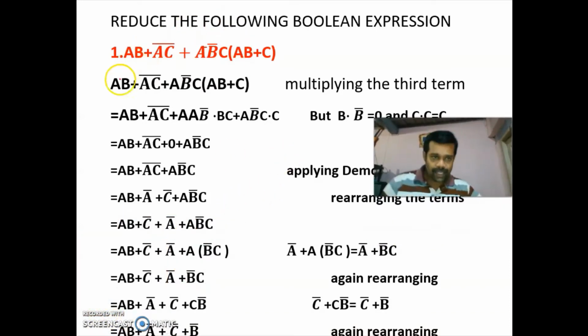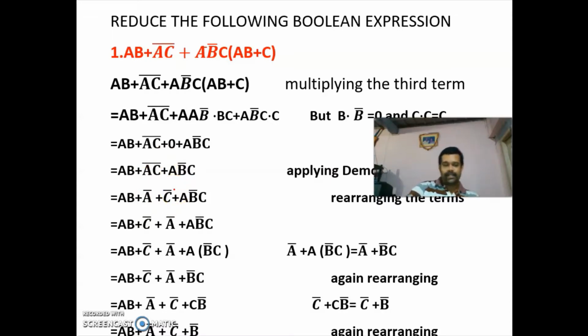Again I will explain. First we are writing the question. Then we are multiplying this A B bar C with this A B and C, and we are getting this term. In this term, we are substituting B into B bar is equal to 0 and C into C is C. After that, we are applying De Morgan's theorem. So we are getting A into C the whole bar is equal to A bar plus C bar.